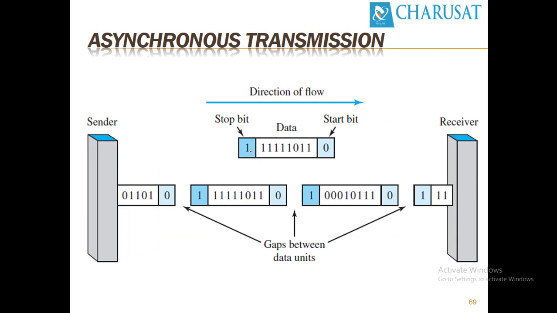In asynchronous communication, if we consider this is data, if you want to send data, this data will have some boundaries. This is the start of frame and this is the end of frame. For example, the start can be 1 bit, there may be 8 bits, or there may be a group of m bits.